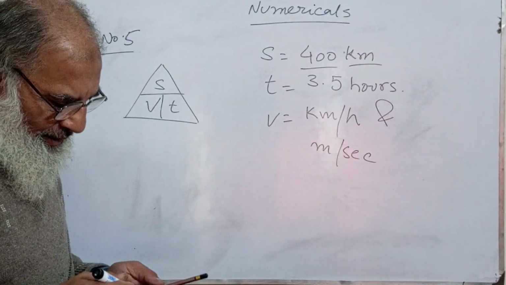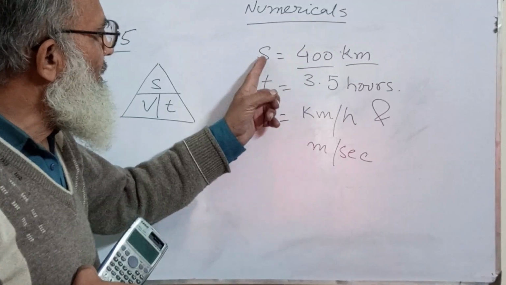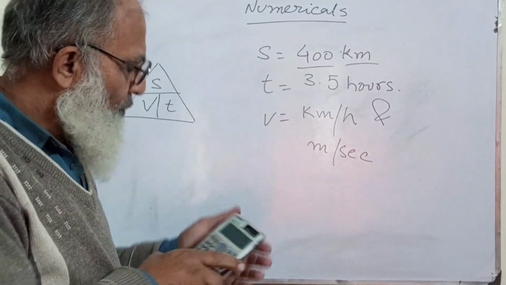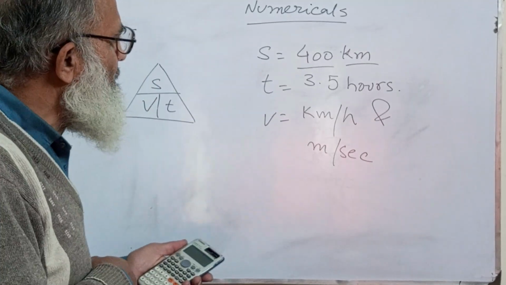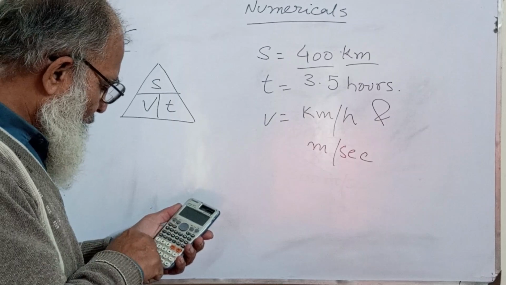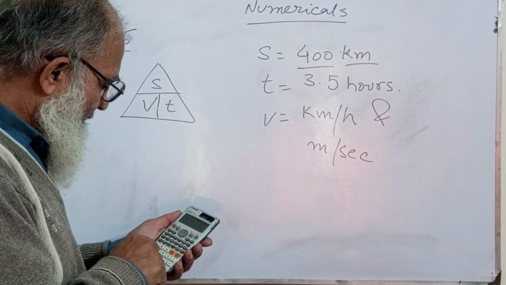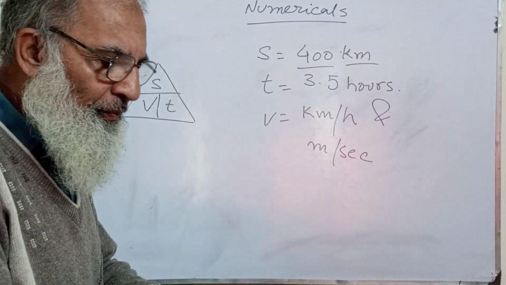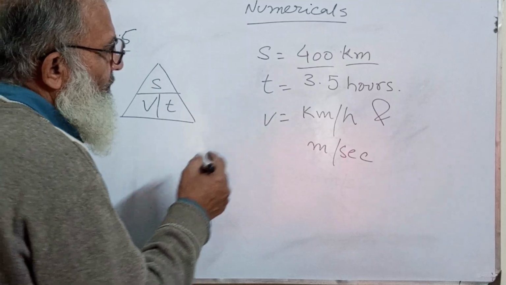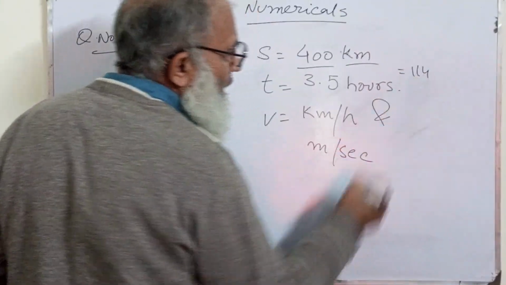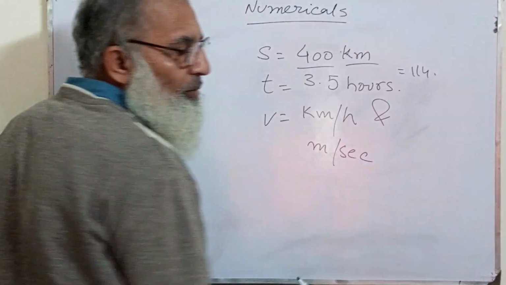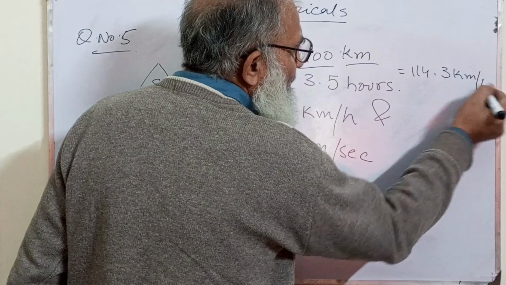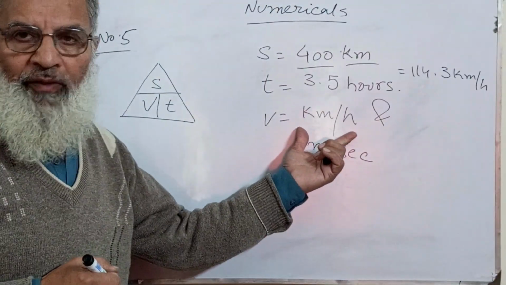It is very easy. So 400 divided by 3.5 will become 114.28, almost. I am going to write it as 114.3 kilometers per hour. Now this is the answer for the first part.